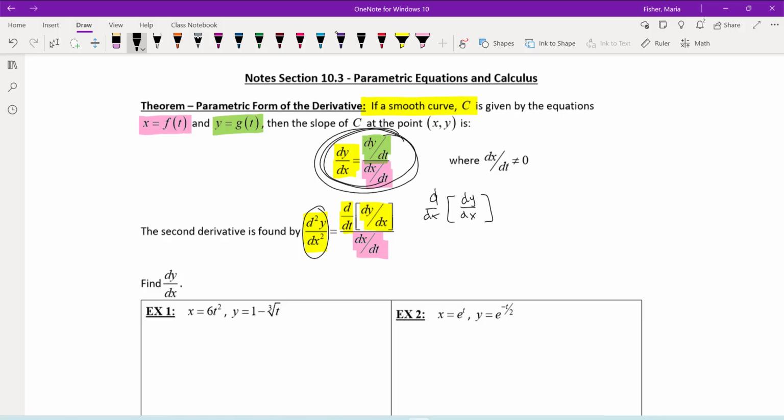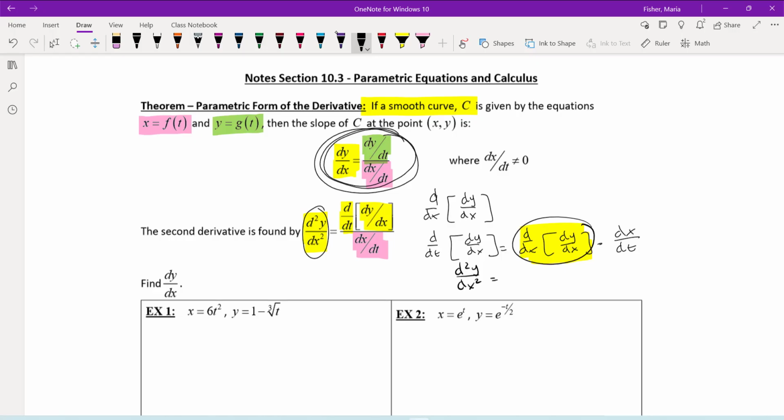So really what we're saying is, I need to take the derivative with respect to t of dy/dx. But what that is equal to is the derivative with respect to x of dy/dx times, by the chain rule, the derivative of x with respect to t. Solving for this, which represents that second derivative, I'm going to write the second derivative piece on the left over here.